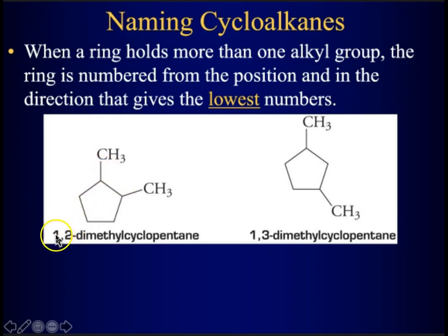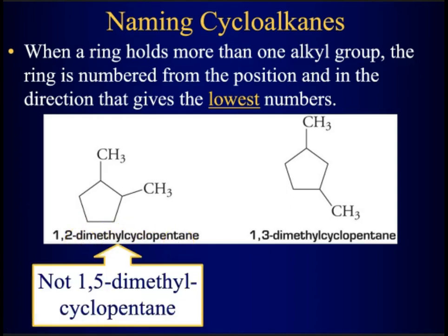So one of them is 1, one of them is 2, and dimethyl still, since there's 2 of them, cyclopentane. Notice this is not 1,5-dimethyl cyclopentane, so I didn't label it 1, 2, 3, 4, 5. We still want the lowest numbers possible.